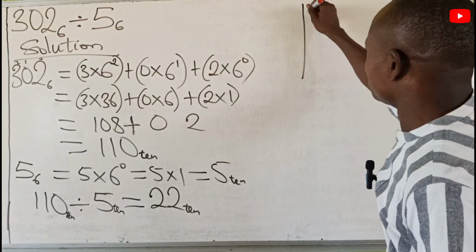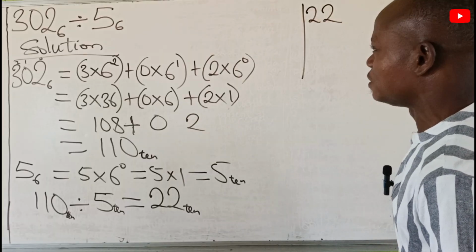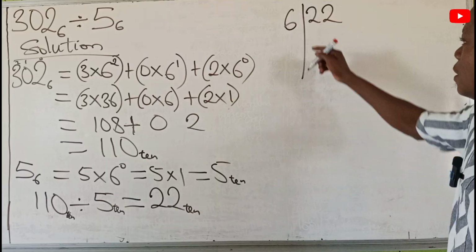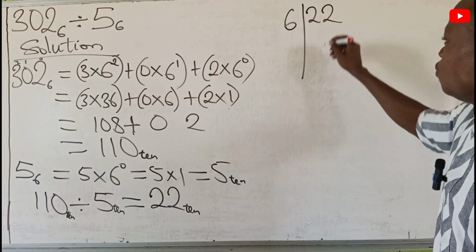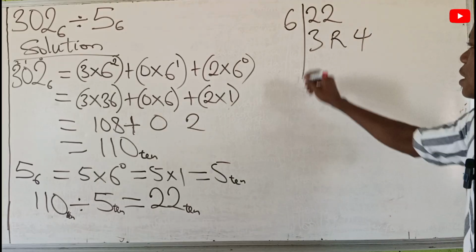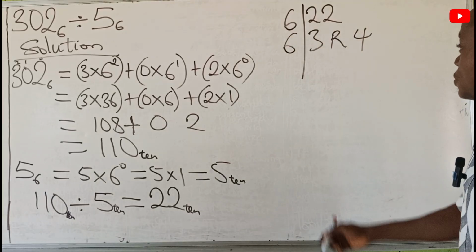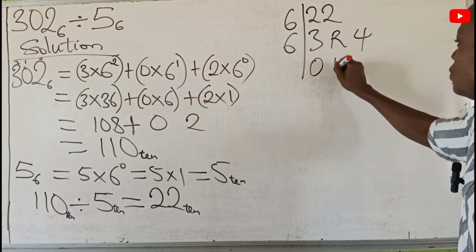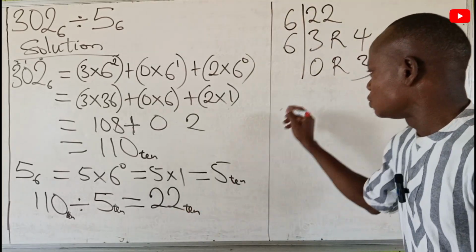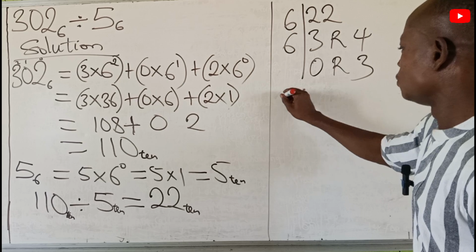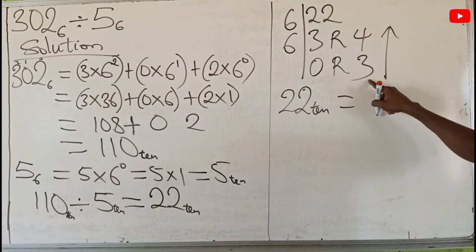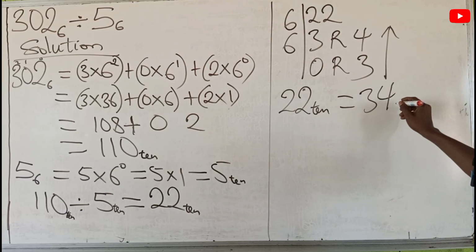In converting from base 10 to other bases, of course, we divide by the base. So we are using 6 to divide 22. 22 divided by 6 will give us 3, remainder 4. Then 6 divided into 3, of course, 3 is less than 6, that means 0, remainder 3. That means 22 in base 10 is equal to 34 in base 6.